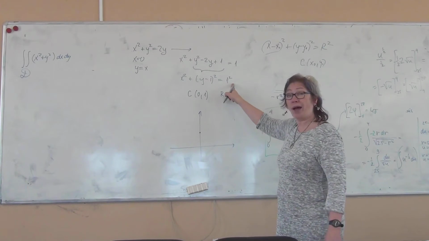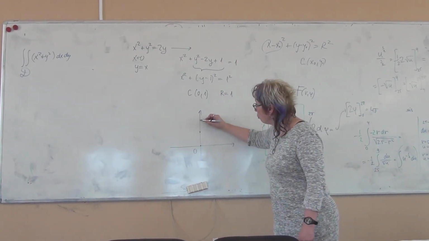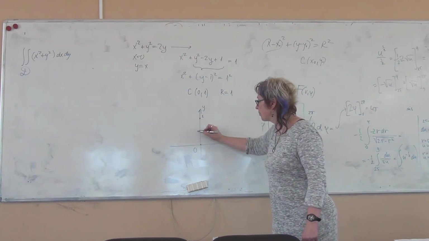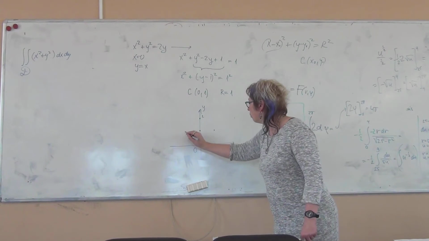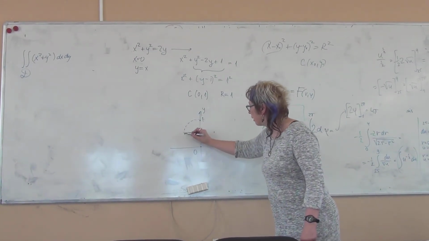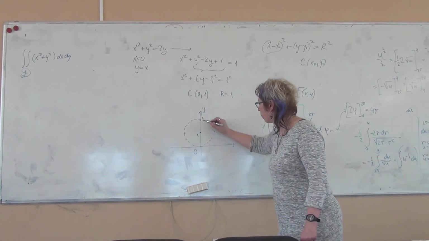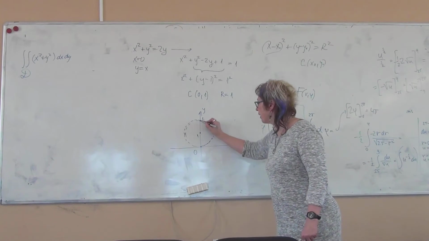The radius is 1. So the circle passes through the origin and through the point 2 on the y-axis. And of course here we have the points (minus 1, 1) and (1, 1), so the circle would look like this.